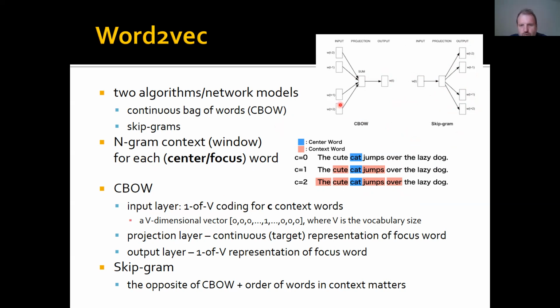But what we get, once we learn this model, are representations, not the nominal ones, but the learned ones, basically the weights on these connections for every word. So we have the embedding of cat here, finally.